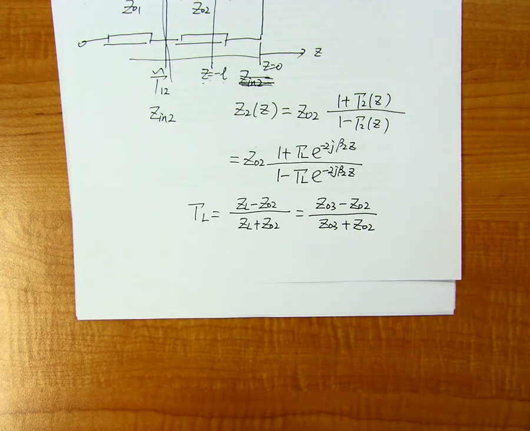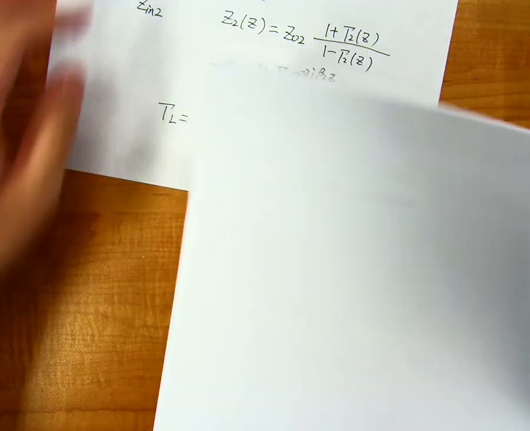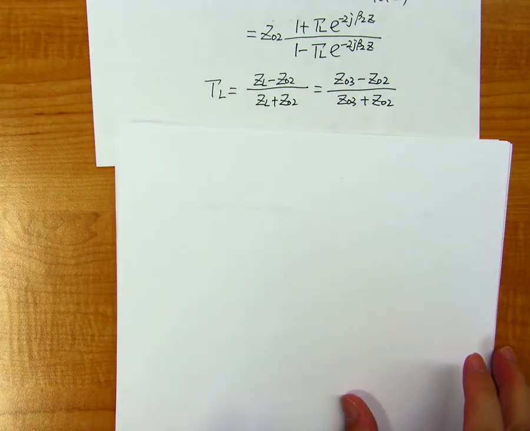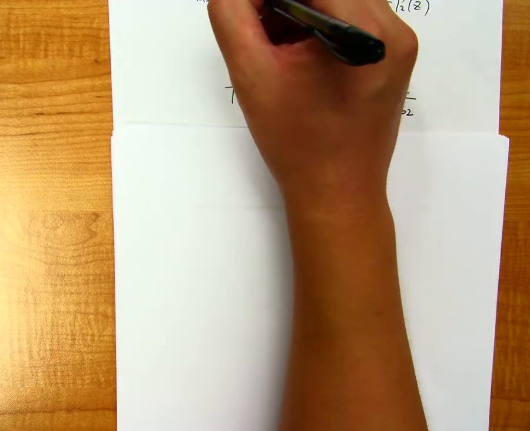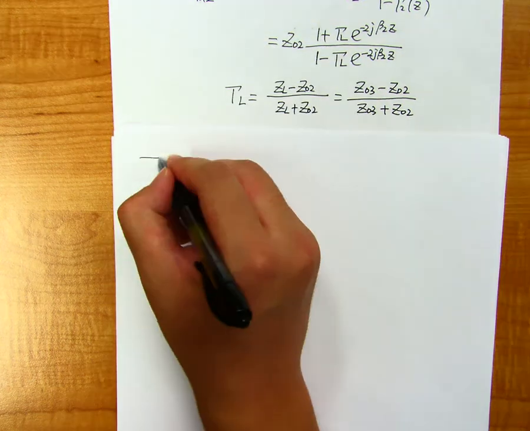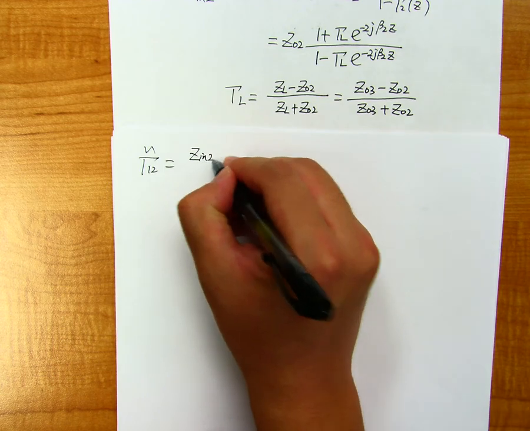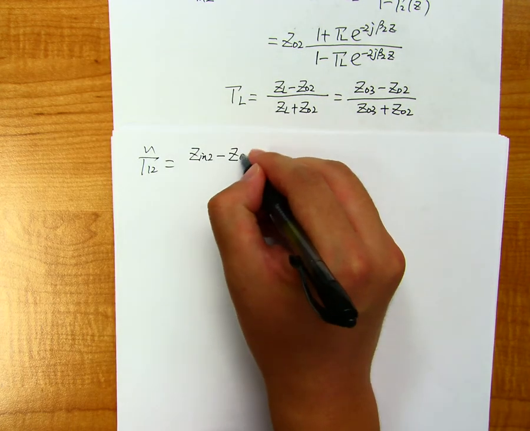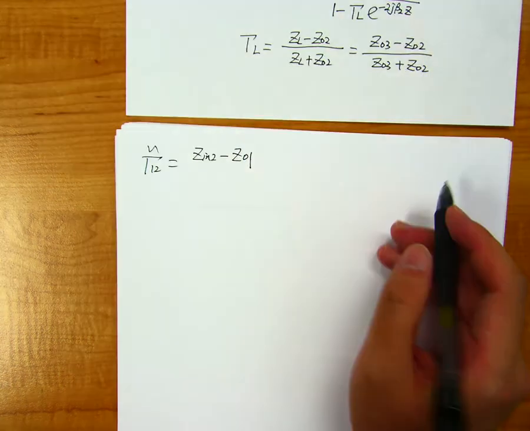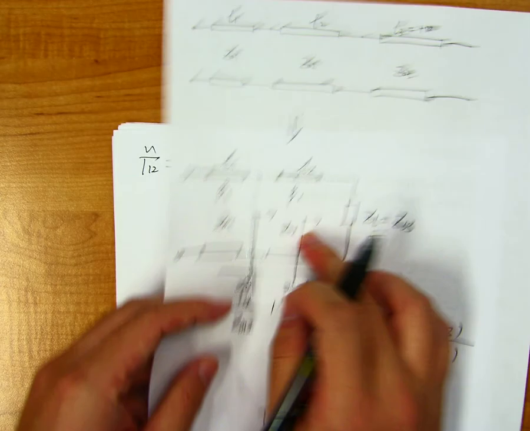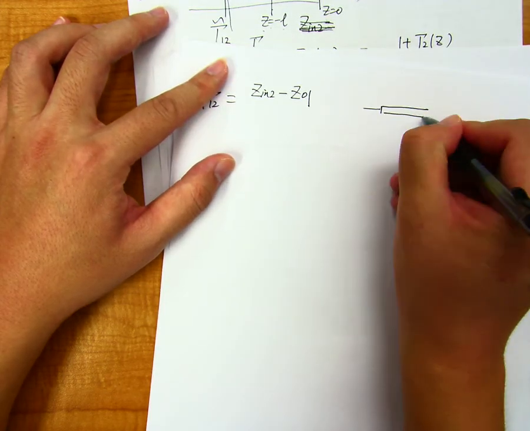Okay, and we can find the generalized reflection coefficient, gamma 2 tilde here, to be (Z in 2 minus Z01) over (Z in 2 plus Z01), because in this case, this circuit here can be simplified or is equivalent to this, L1.